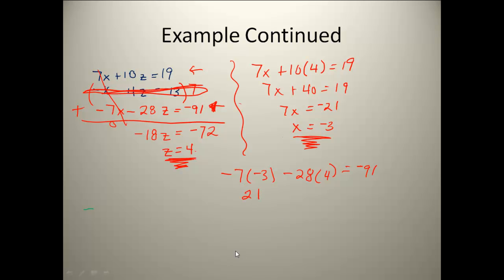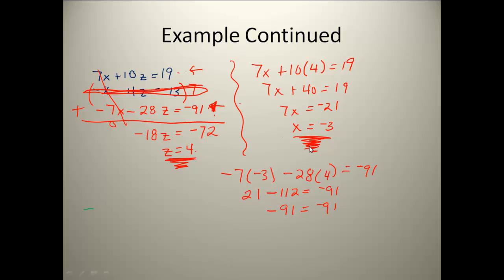Well, when I take my negative 7 times negative 3, I end up with a positive 21. Take that 28 times 4 and I get 112, so I have minus 112. And if I take 21 minus 112, I get negative 91, which is what I want. So there's a good chance that I am on the right track because this x and z worked in these two equations. Now I need to go back and find out my y value.